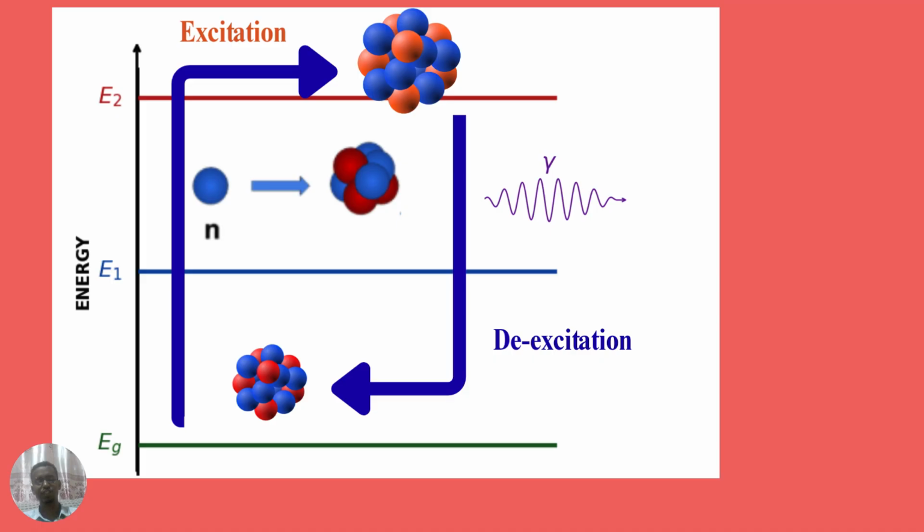Since a nucleus cannot stay excited for long, it will de-excite by emitting gamma radiation and return to the ground state energy. From this diagram, as you have seen, first a nucleus is at the ground energy level. Then after some interaction with a neutron or another particle, it becomes excited to a higher energy level, from ground energy to first excited, second excited, or the maximum stage we call excitation.